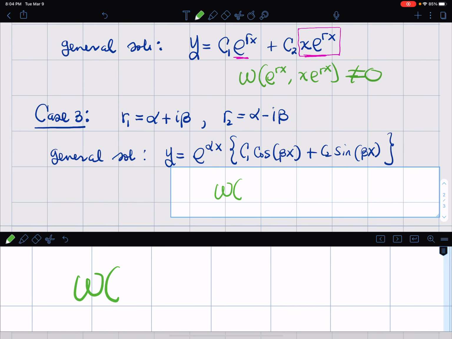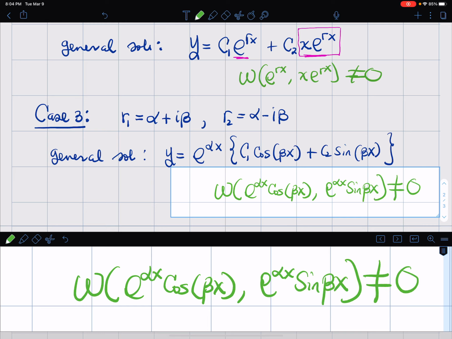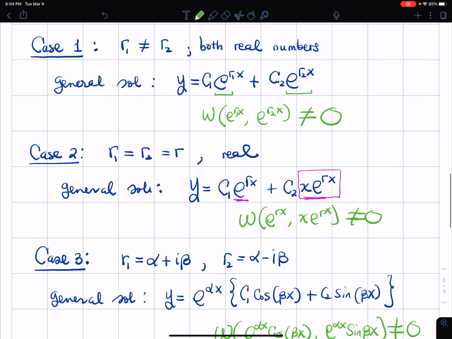And you can always show that the Wronskian of e to the alpha x cosine beta x and e to the alpha x sine beta x is never going to be equal to 0, showing linear independence.